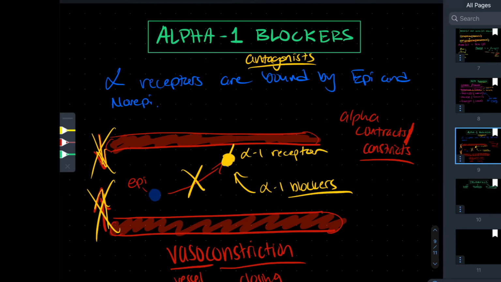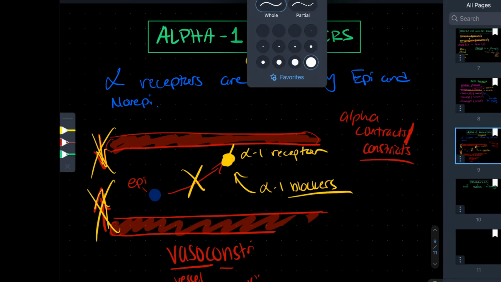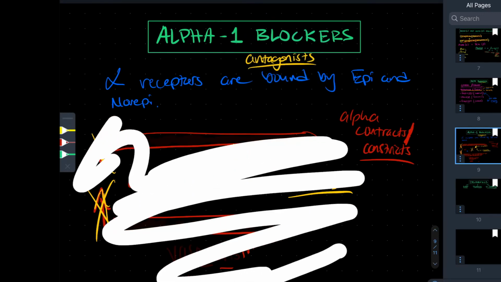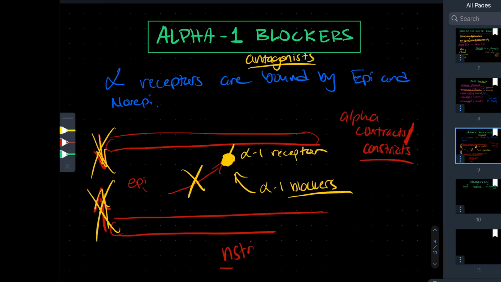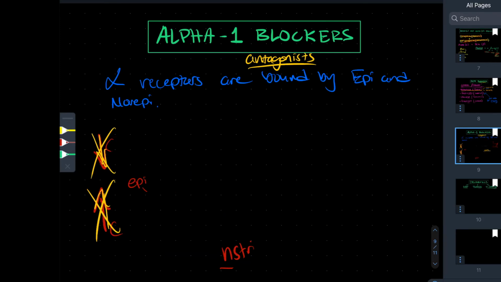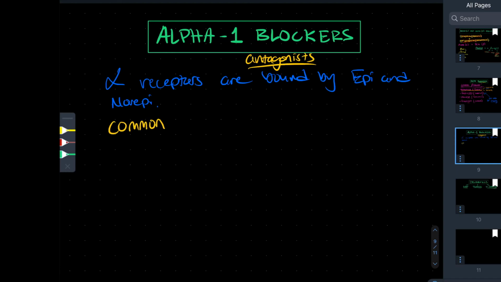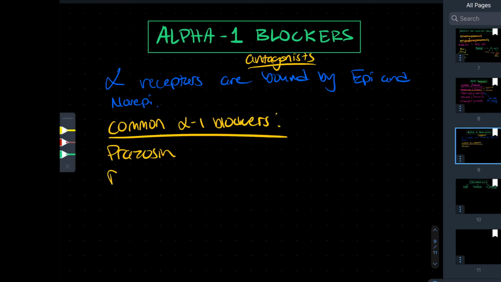So let's talk about some common alpha 1 blockers. They are going to be things like prazosin, if I could spell, doxazosin, and terazosin.